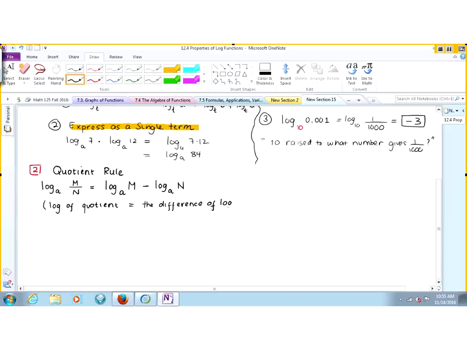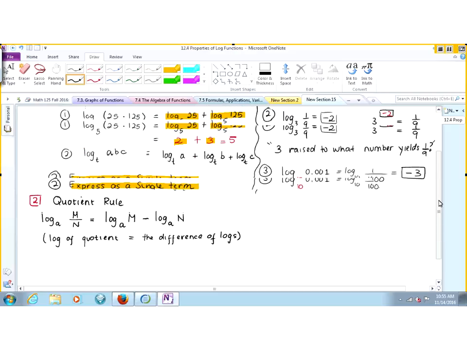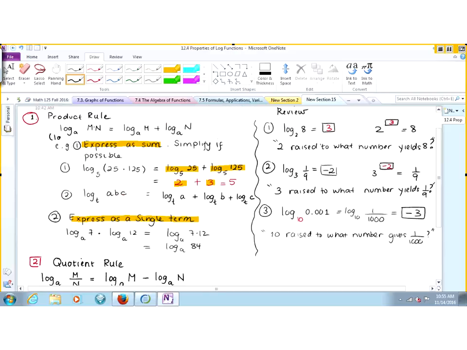Maybe I should write this. If I have the log of a product, it is the sum of logs. So I just added this. Let me highlight it with blue.